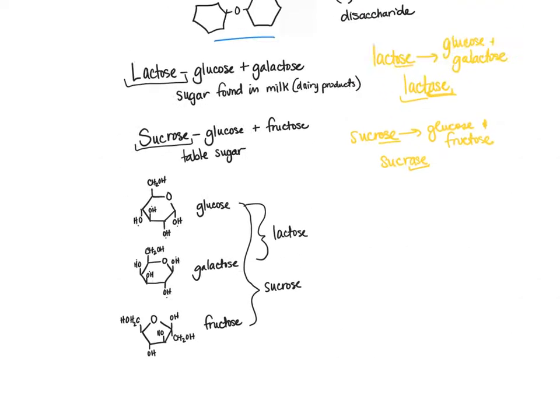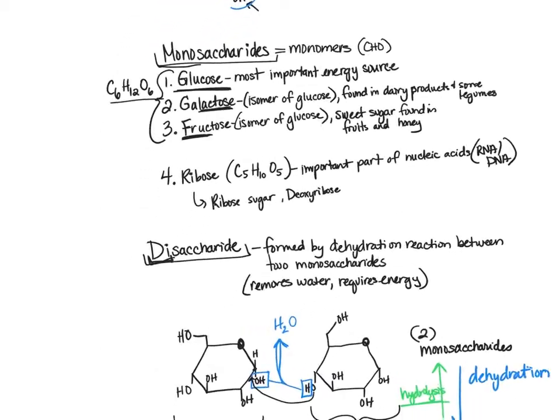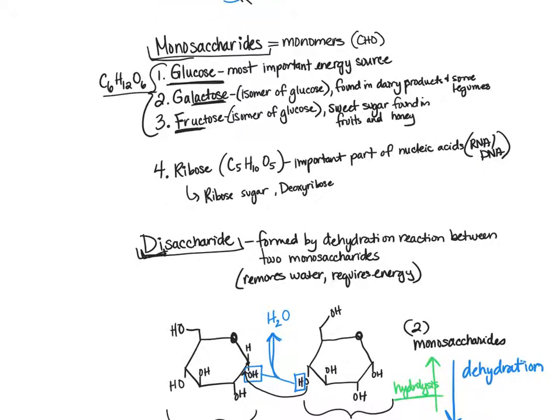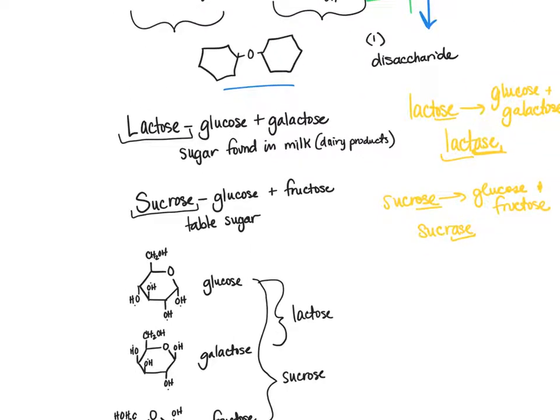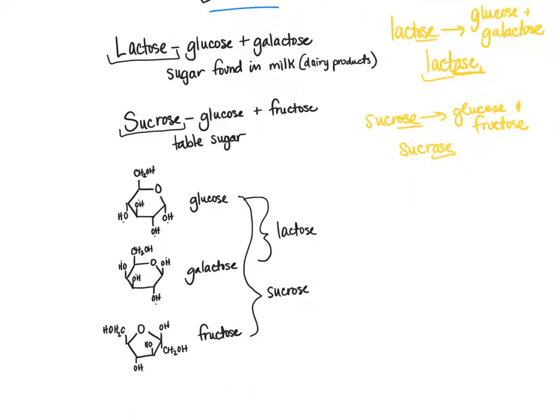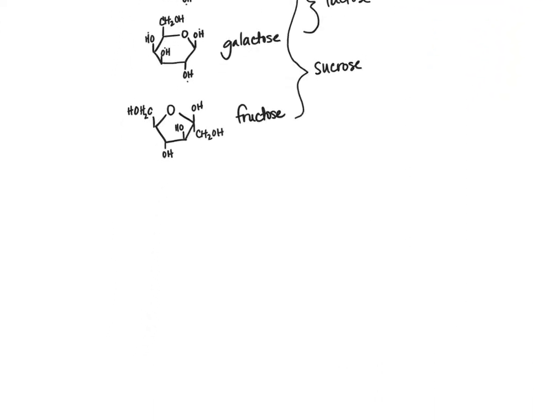Now we also build up, right? So if we are going to continue building up, we've taken our monosaccharides and looked at the different monosaccharides. If we go back here, we have our monosaccharides: glucose, galactose, fructose, and ribose. Then we have our disaccharides, lactose and sucrose, which are composed of two monosaccharides.